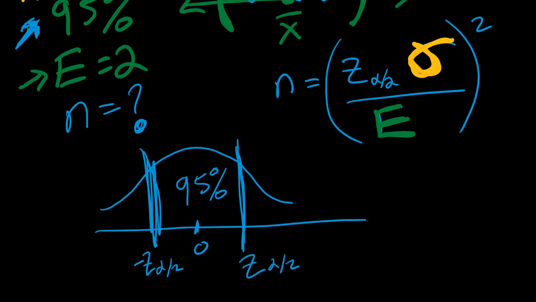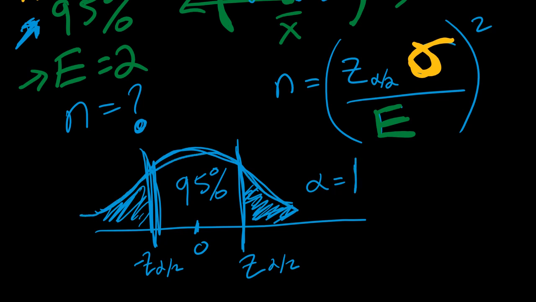Okay. And what is alpha? Alpha is basically the leftover, right? The probability that's in the tails. Okay. So if the total probability under the curve is 1, then alpha would be 1 minus 0.95, or 1 minus whatever your confidence level is.